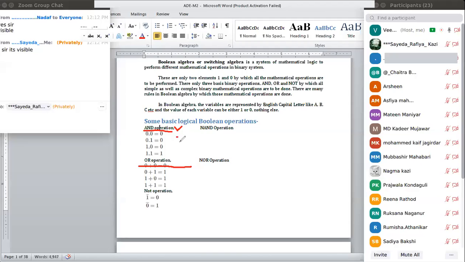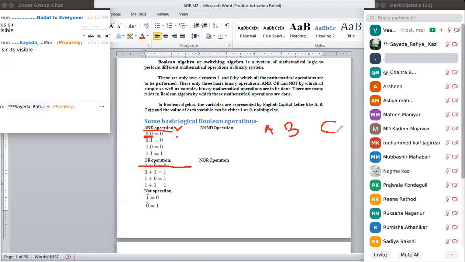If I put a dot, it shows an AND operation or product operation. When I go for the AND operation, we have a number of inputs called variables, and the AND operation is performed on 2 bits. Say there are two input variables, for example A and B.